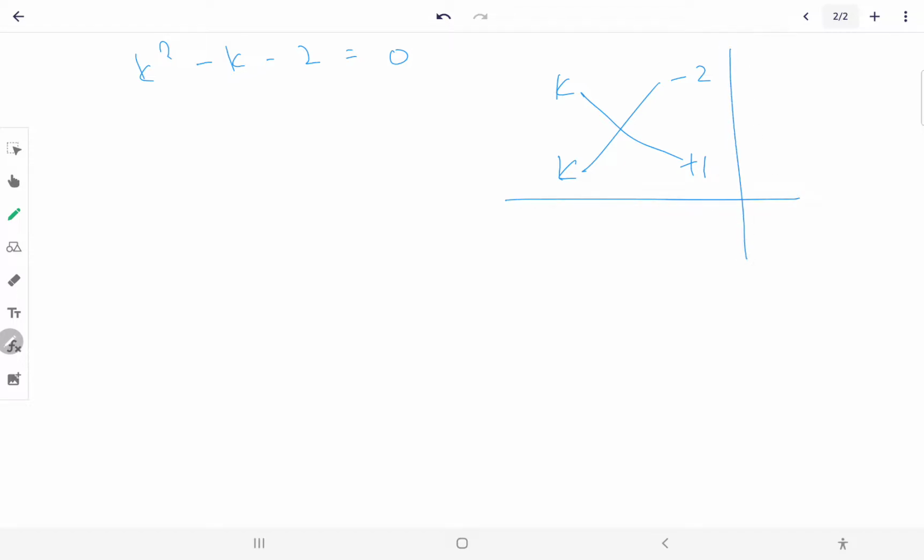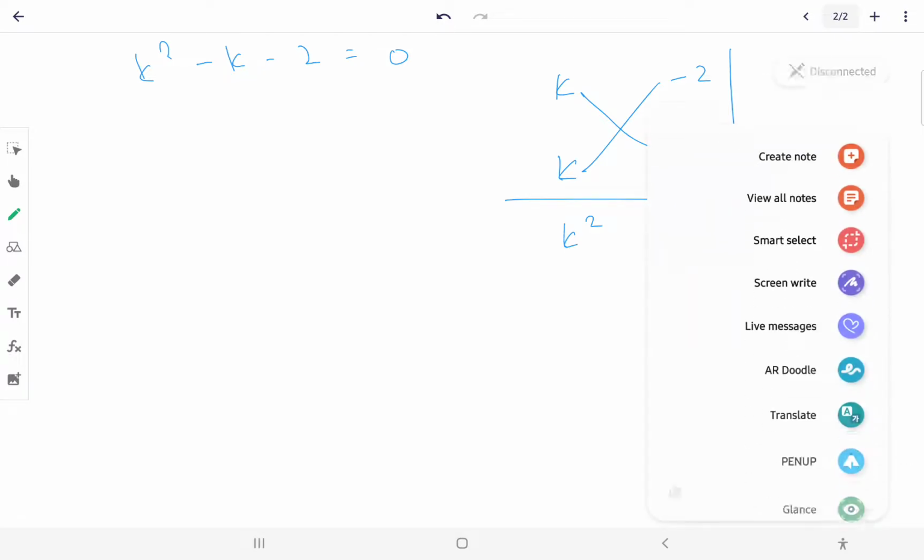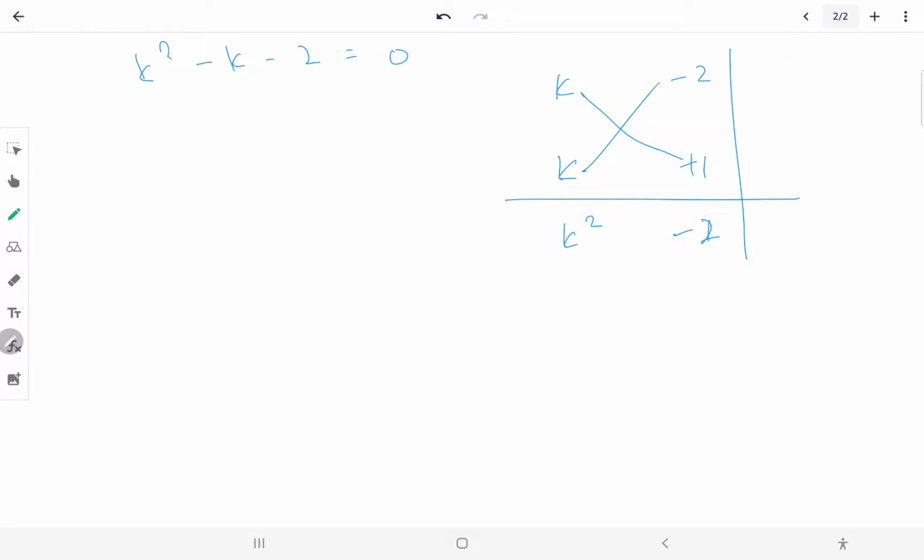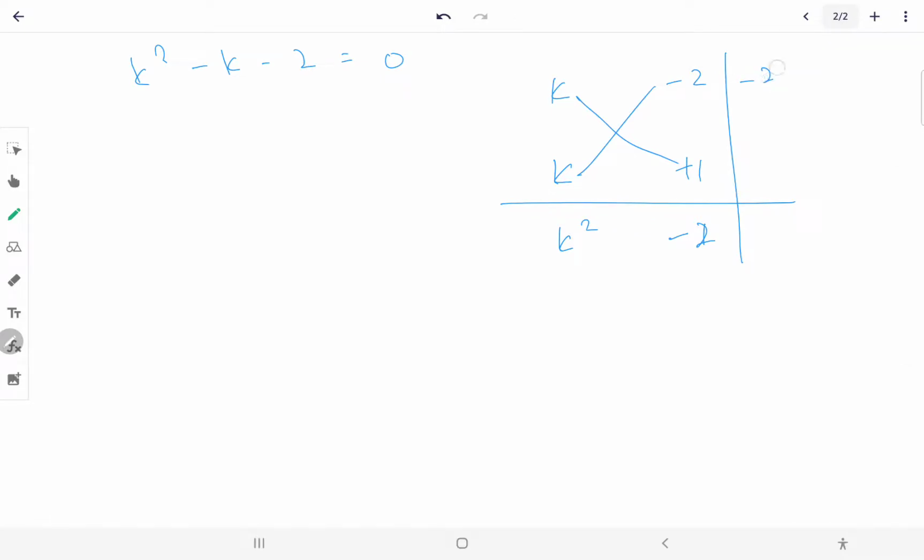If you multiply them, this is minus 2. So this is minus 2k, this is plus 1k. So we have minus k. So this is exactly what we want for this portion here, right?